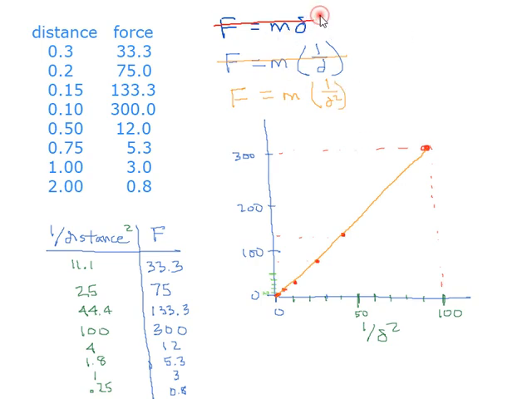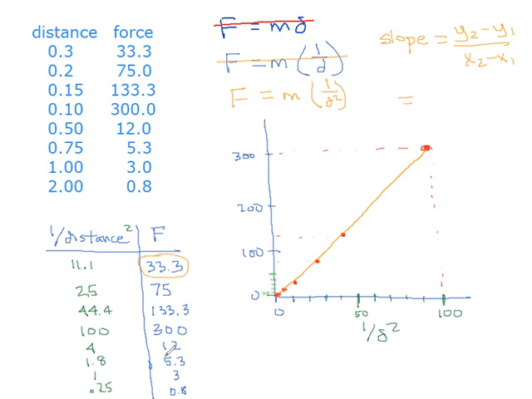All right. We tried d, didn't work. We tried 1 over d, didn't work, didn't give us a straight line. We tried 1 over d squared. We did get a straight line, and now that we have a straight line, we can talk about a slope. And slope, say it with me, is y2 minus y1 over x2 minus x1.